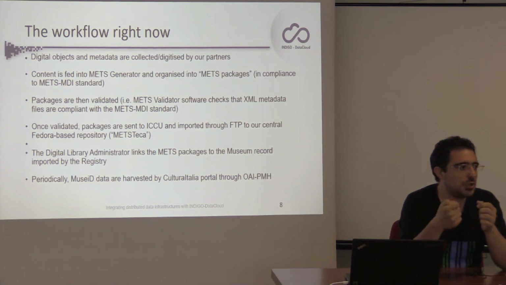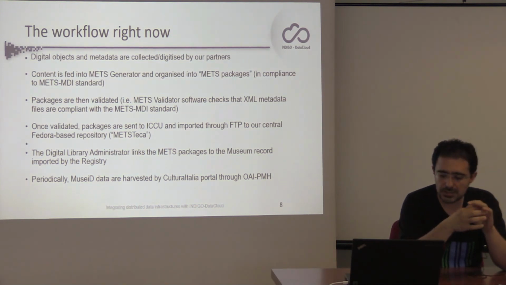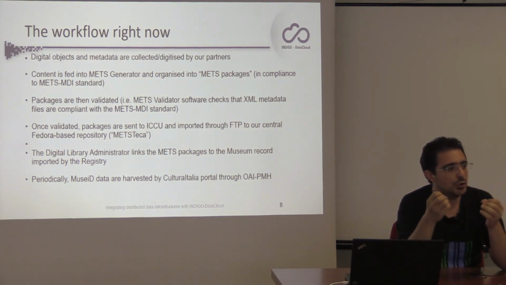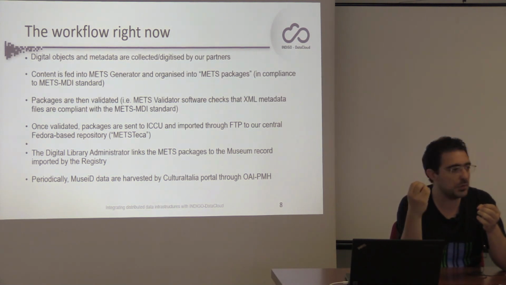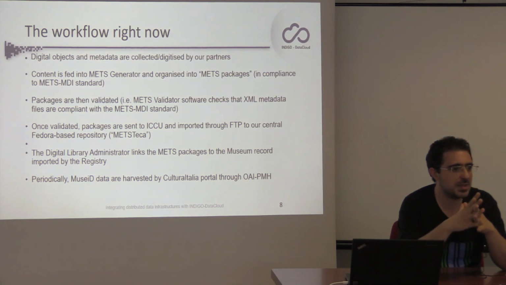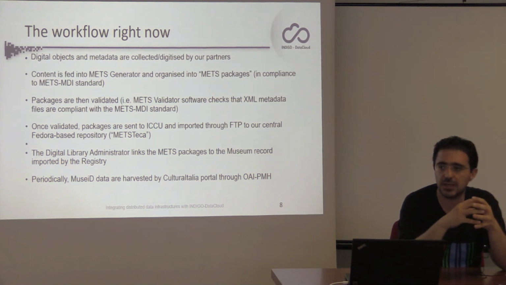Then the digital library administrator links the package, so the collection is actually linked to the logo della cultura, to the museum identificator. So just to make an example, the Archaeological Museum of Catania sends us a collection of digital objects about, I don't know, Roman jewelry found in a supposed necropolis, right outside.